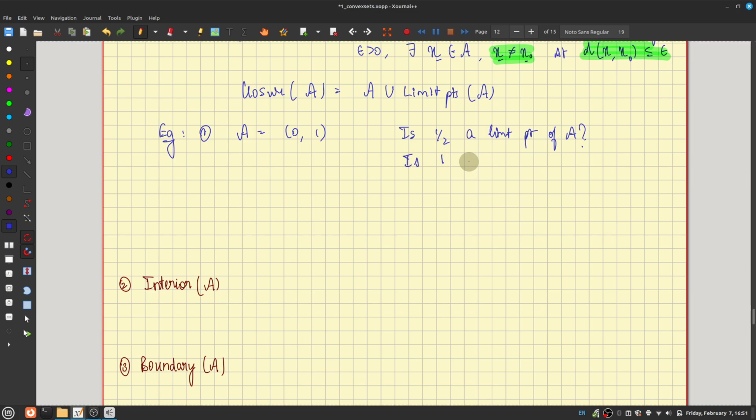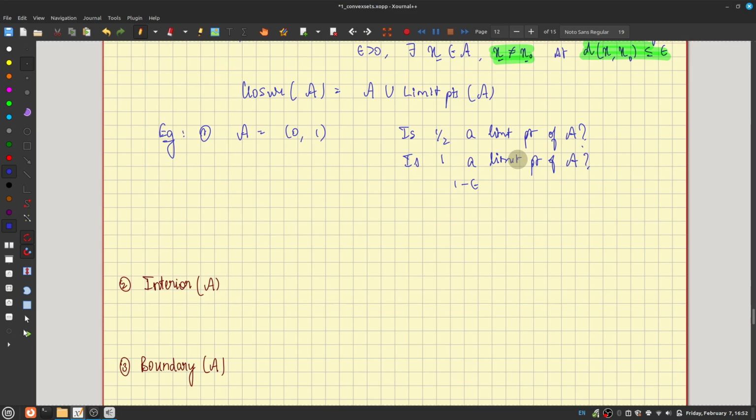Is 1 a limit point of A? Yes, it is a limit point of A because you take any epsilon greater than 0, and 1 minus epsilon is actually a point of A. But 1 is not a point of A, right?